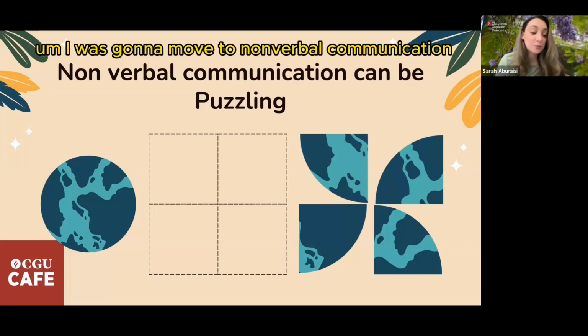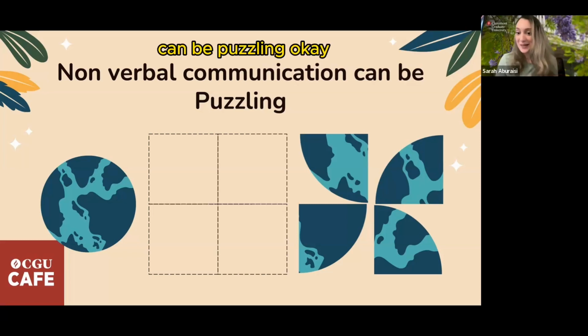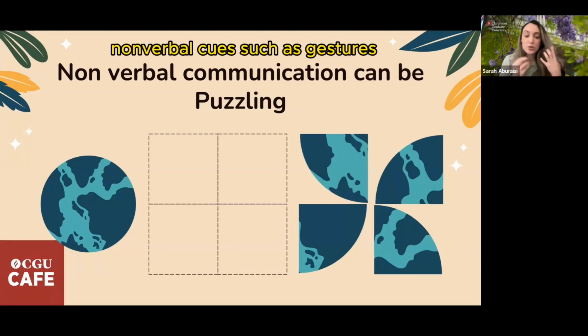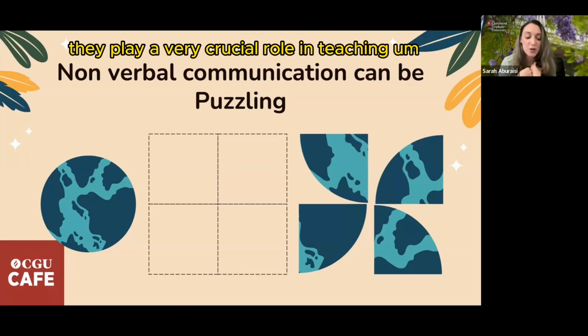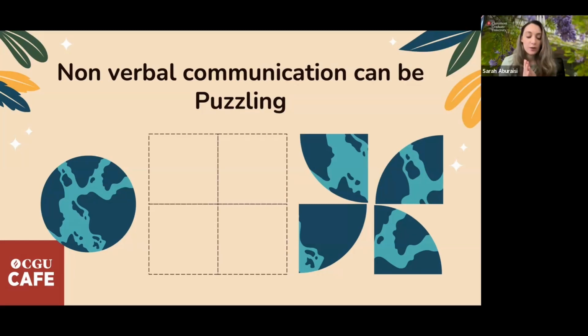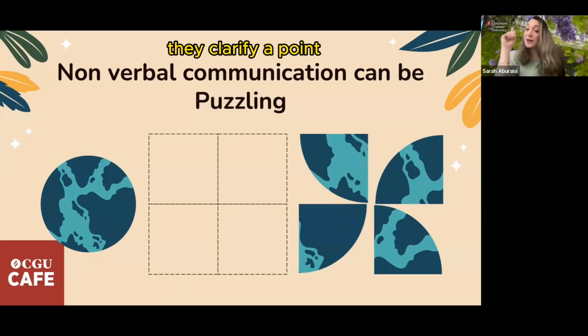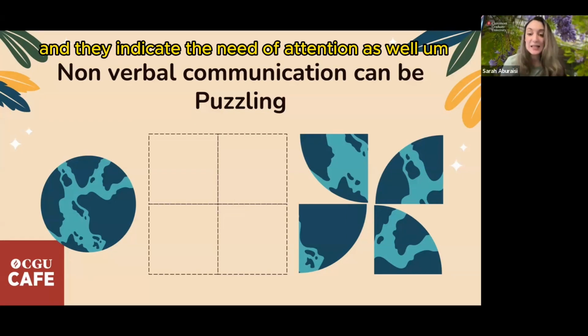I was going to move to nonverbal communication, which can be puzzling. In teaching, nonverbal cues such as gestures, facial expressions, and tone play a very crucial role. They help convey enthusiasm, they clarify a point, and they indicate the need for attention as well.